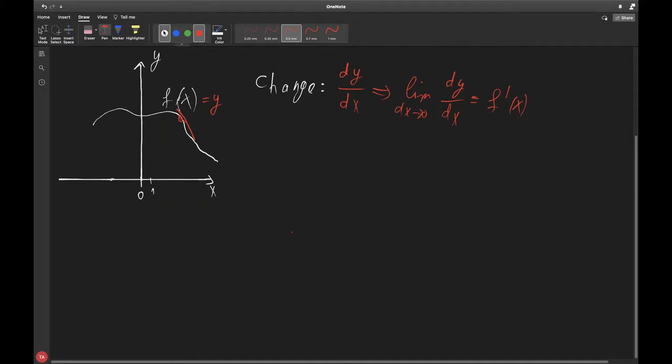The next thing that is very relevant in physics is to approximate a function. So for approximation, we use something which is called a Taylor expansion, or Taylor series.